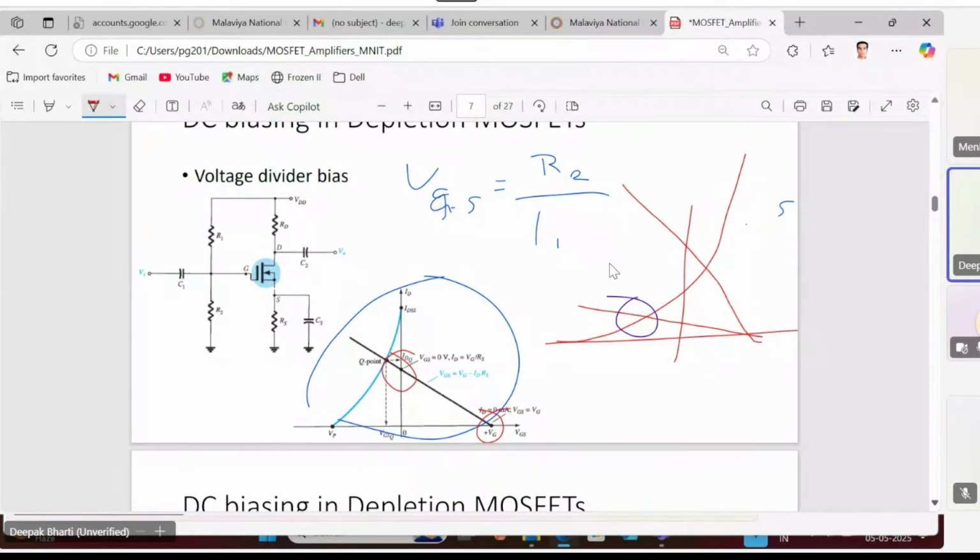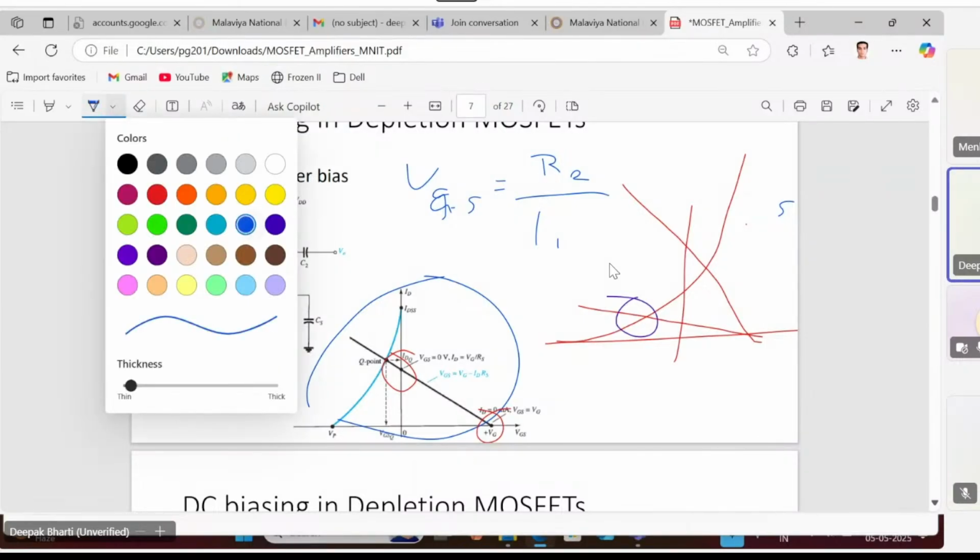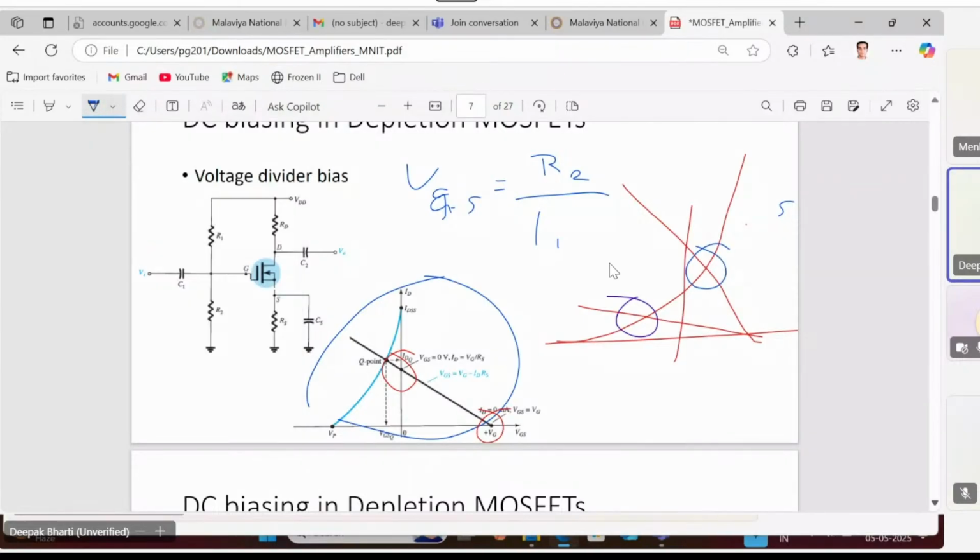Whereas if I change the resistive component values such that the slope of the line increases, we can also have a load line where the intersection lies in the enhancement mode. In this way we can change the operating region as per our choice.